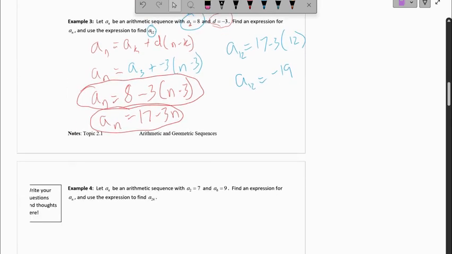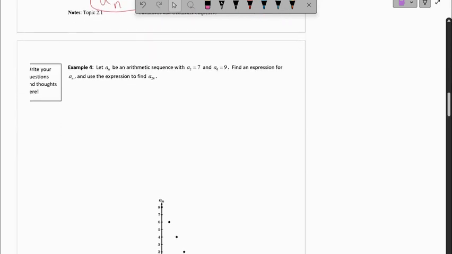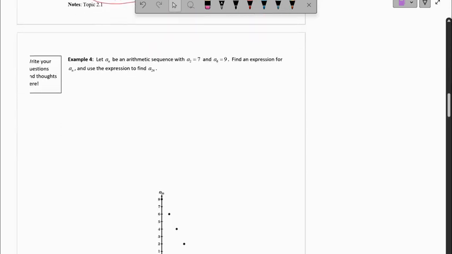All right, going on to example 4. Same idea this time, but this one doesn't tell us our difference. So there's kind of two methods you can go about doing this.